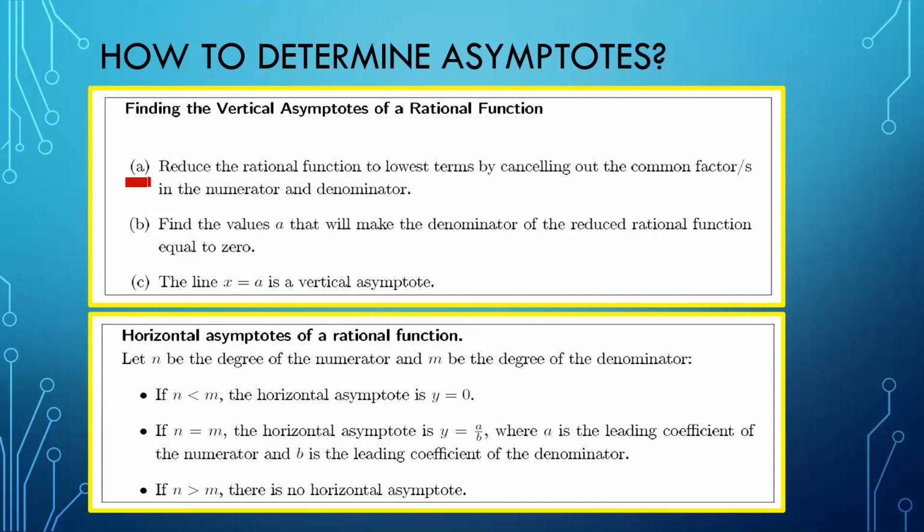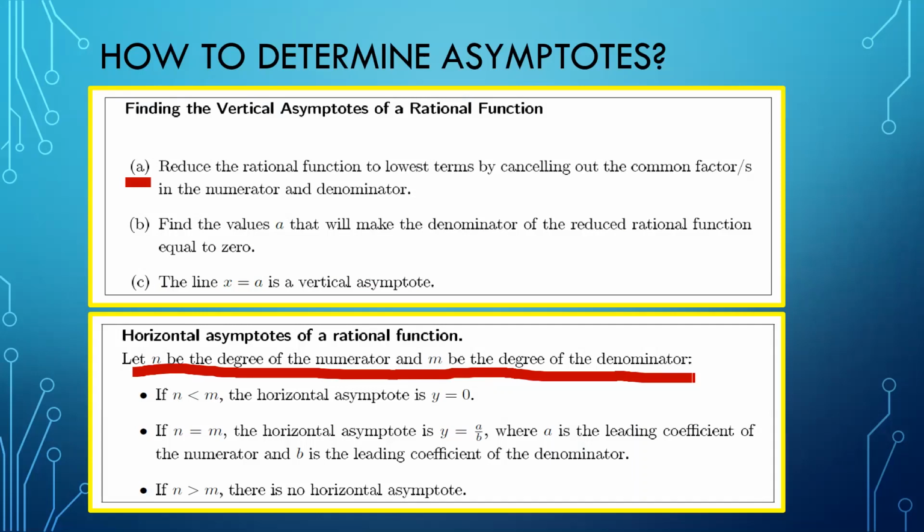The next is for the horizontal asymptote of a rational function. Let n be the degree of the numerator and m be the degree of the denominator. The degree is the highest exponent in the numerator and the denominator. If n is less than m, the horizontal asymptote is y equals 0.